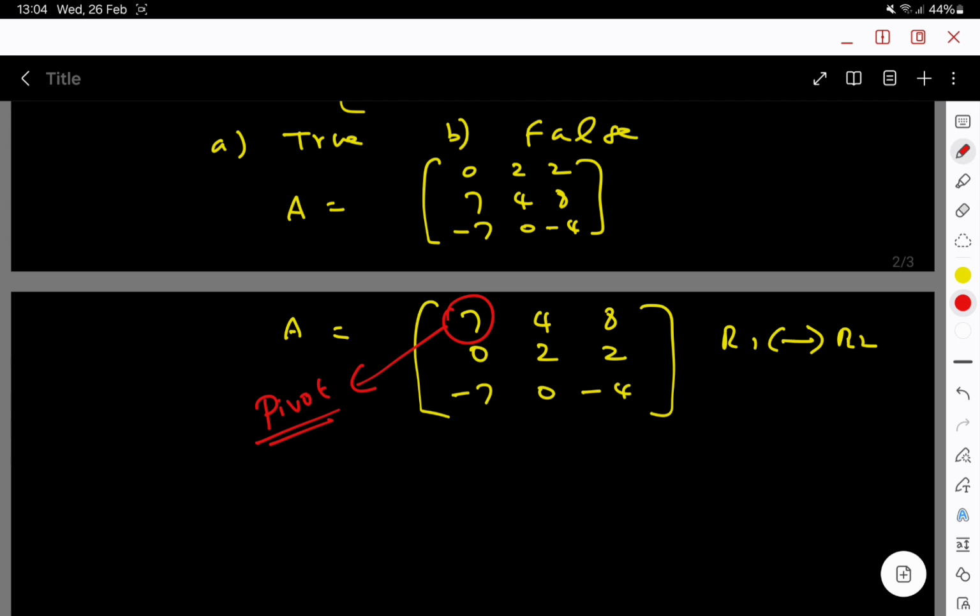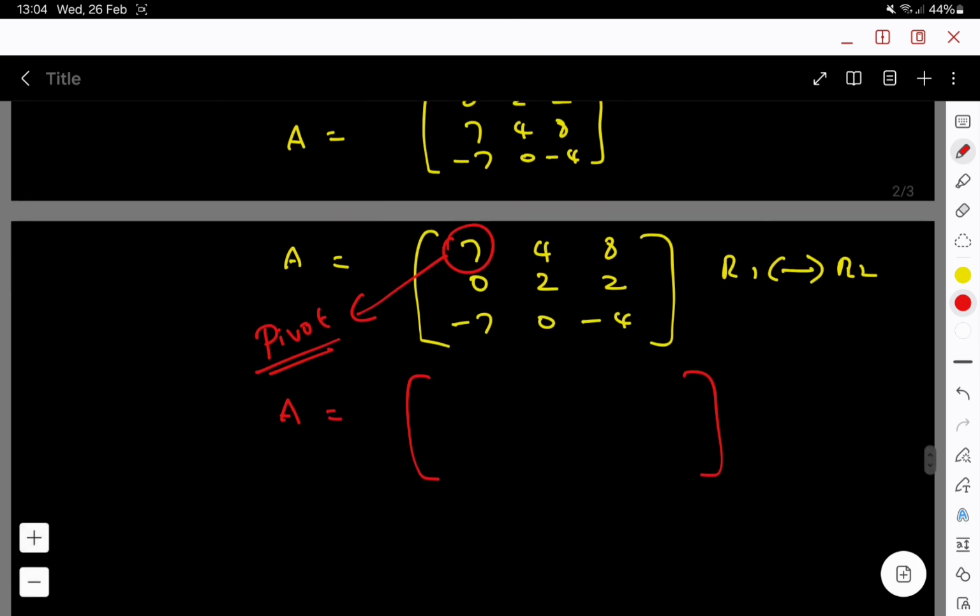So using the 7, I am making the other entries in that column 0. In the second row it is already 0, so no change is necessary. Only the minus 7 needs to be changed to 0. Just add the first and third row, and it automatically becomes 0.